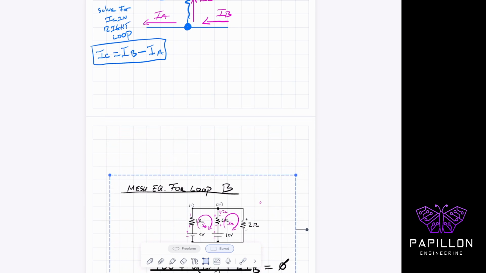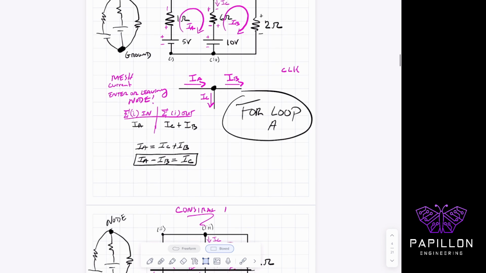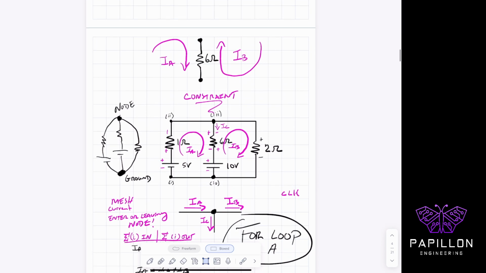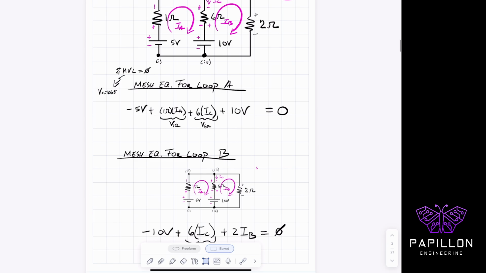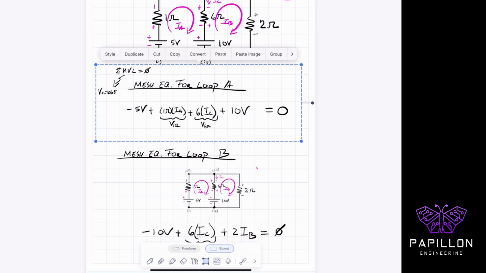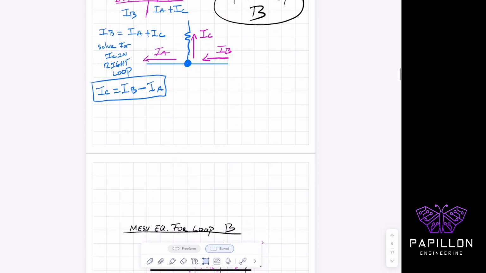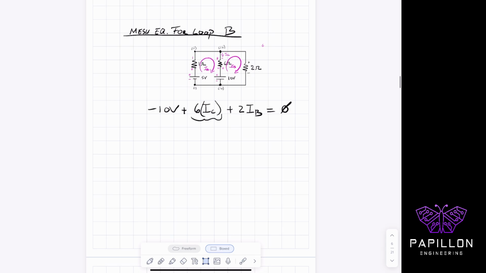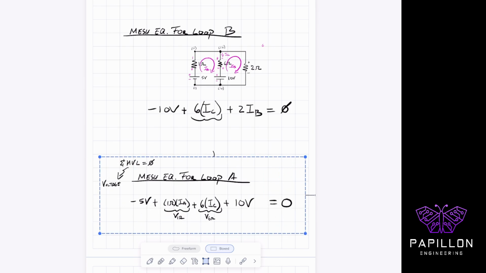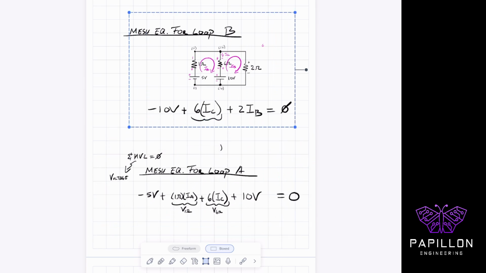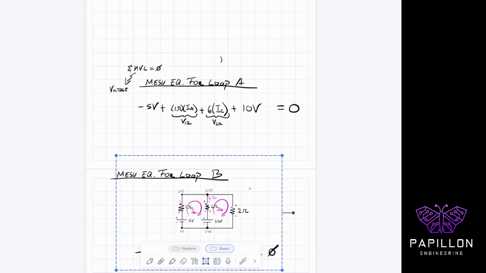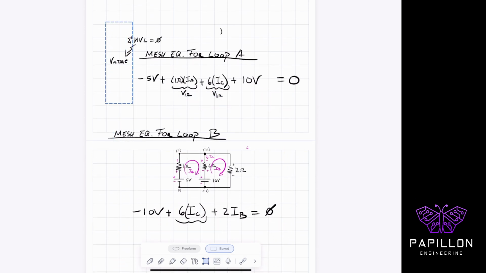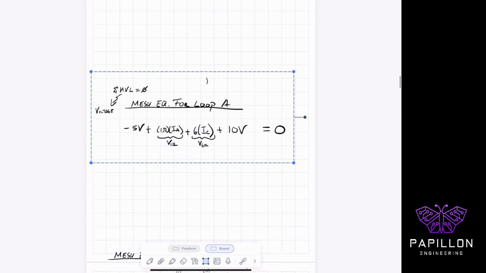That's loop B. And let me also put loop A here for you as well. And here's my loop A equation. I'm going to copy and paste that and bring it down. In fact, let me switch their spots because I prefer it to be organized. That's just how I am. All right, so move this up so you can see all of it.